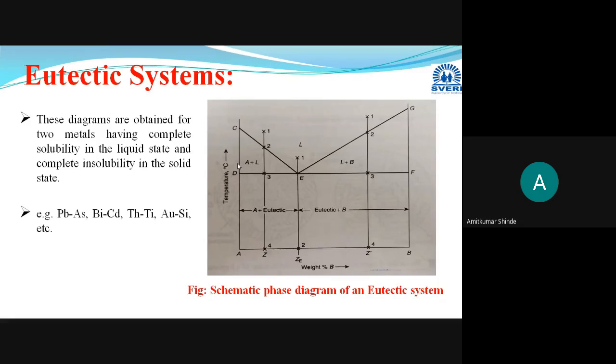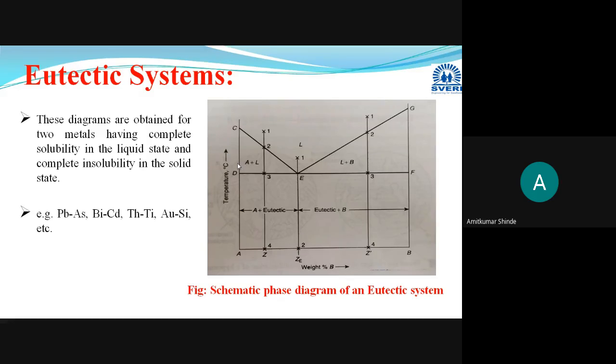When you cool that alloy from the liquid state to the solid state, at the end, at room temperature, you get a mixture. In this mixture you get two different solids, layers of two different solids present. In this diagram it is represented by A plus B mixture, or it is also termed the eutectic mixture, which is formed at the end.